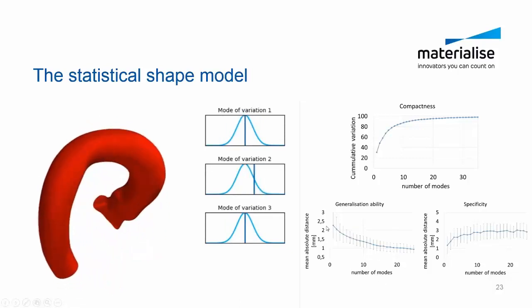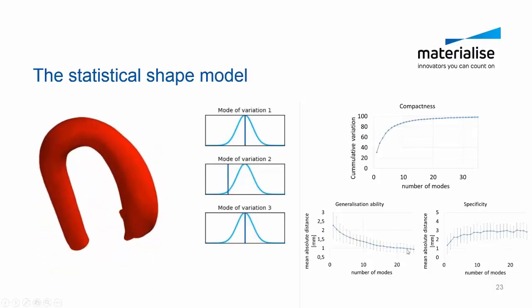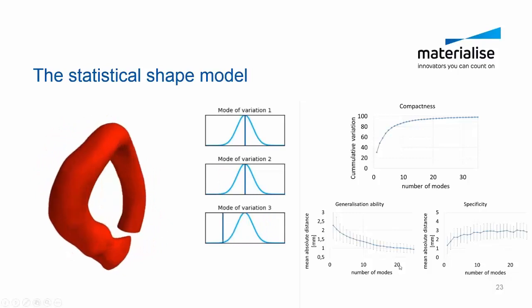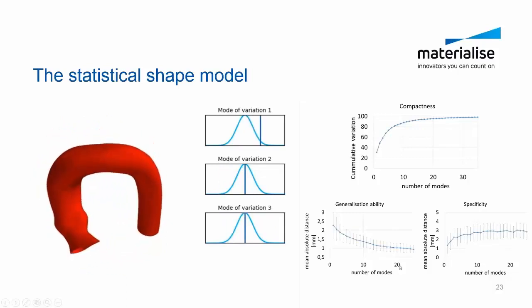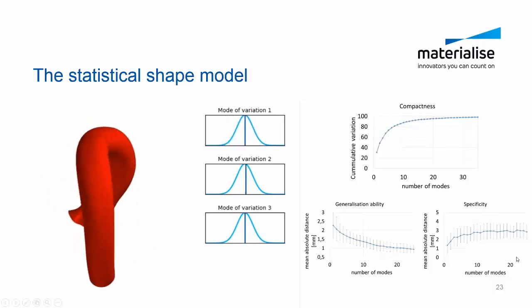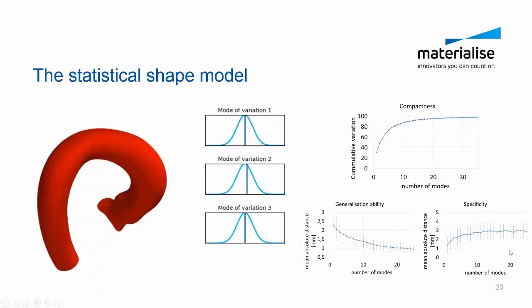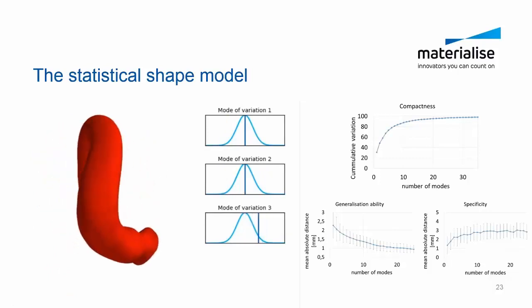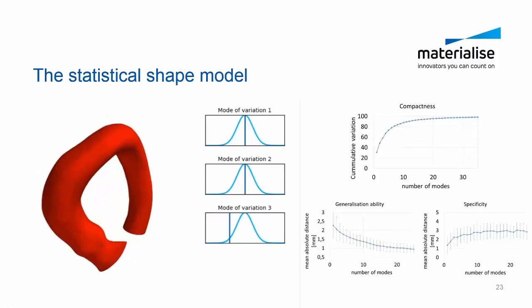In the first case, how accurately you can describe a specific shape, and the specificity shows the distance actually between a random shape and a shape that is present in the training set.